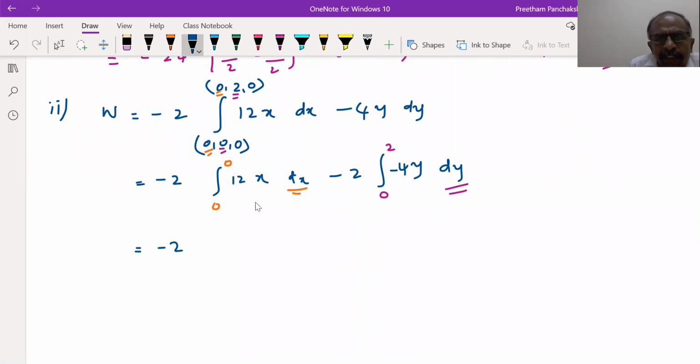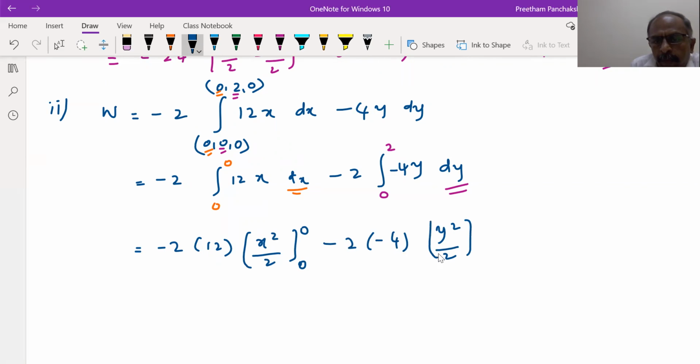Here, just for the sake of mathematics, I'll do it. Otherwise, we know that it is 0. This is 0 to 0. Minus 2, minus 4 is constant. Integration of y is y square by 2. Limits are 0 to 2.